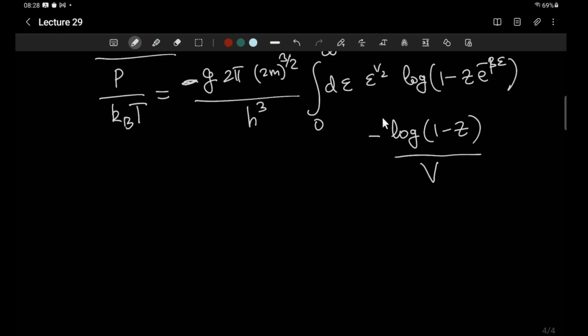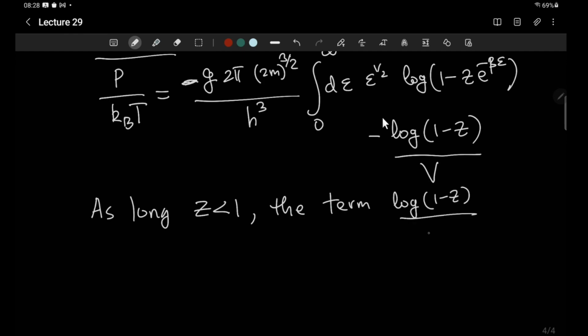As long as z is less than 1, doesn't matter what it is, the term vanishes. And this is the thermodynamic limit.